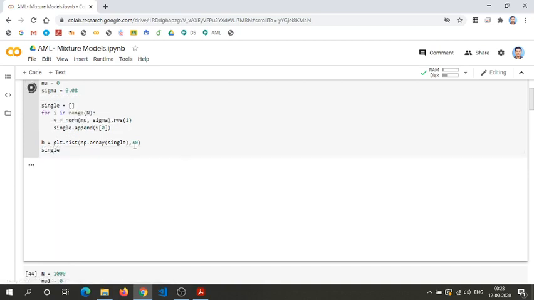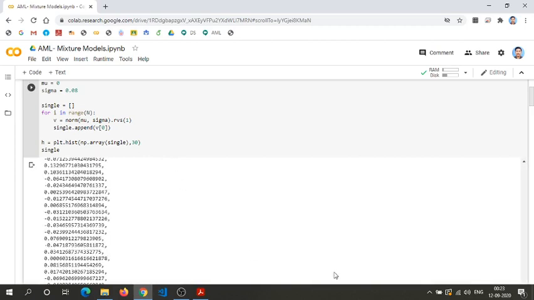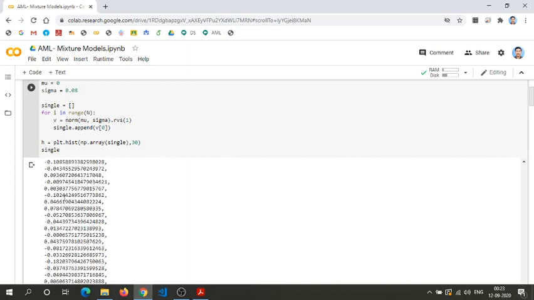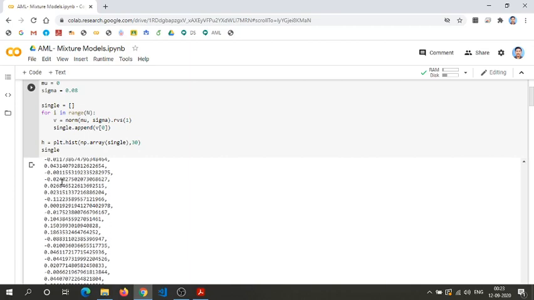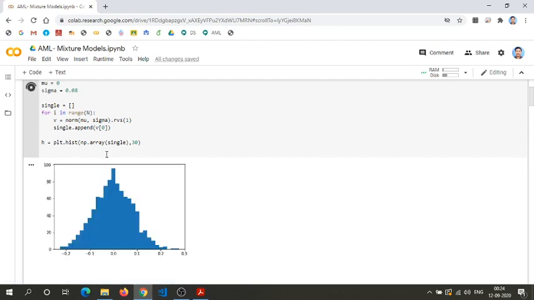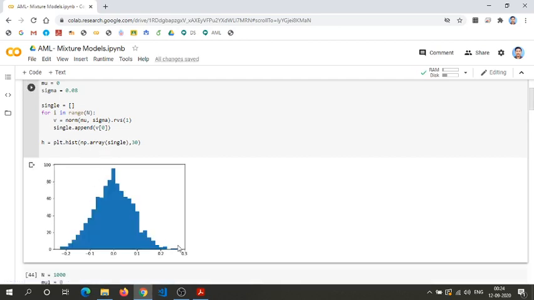Single will have a thousand values like this. Since mu is 0, there will be negative values and positive values as well. So you plot a histogram of the data. This is how you generate 1000 samples from a normal distribution.